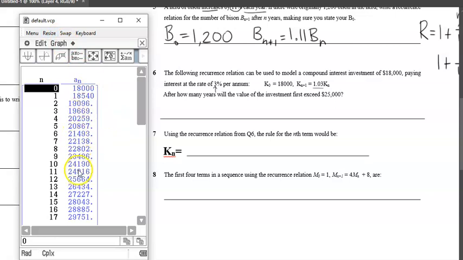So at year 11, we're at 24916, and then at year 12, we're at 25663. So it is on or within the 12th year that the investment first exceeds 25,000.